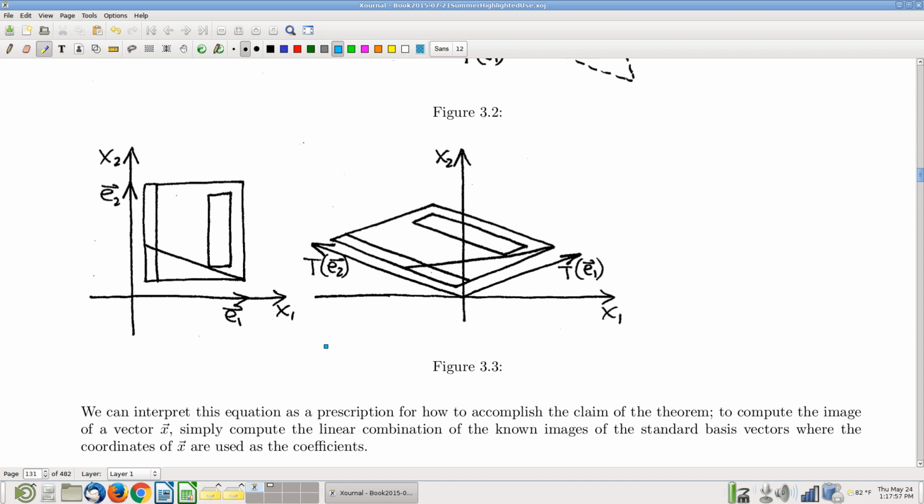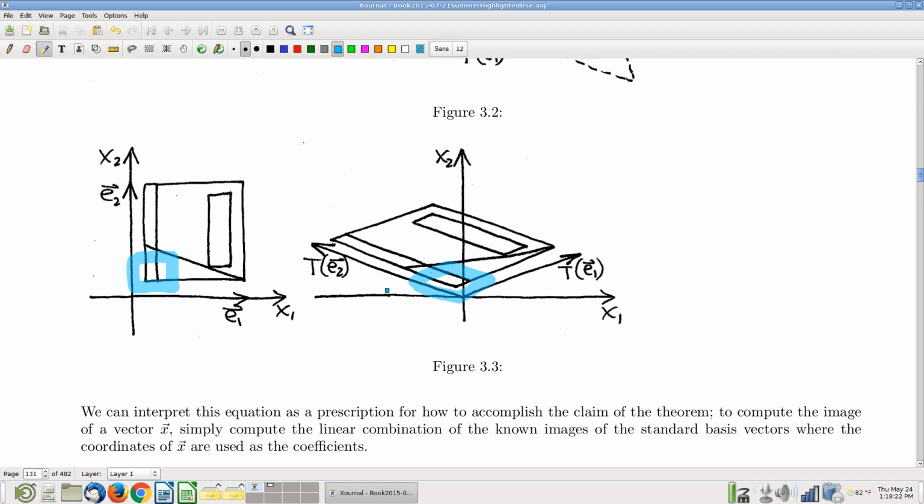A different way to think about it is to look at a certain part of the domain here, let's say that little part there, and focus my attention on it and ask what its image looks like. Well, the image is that little part of the target.